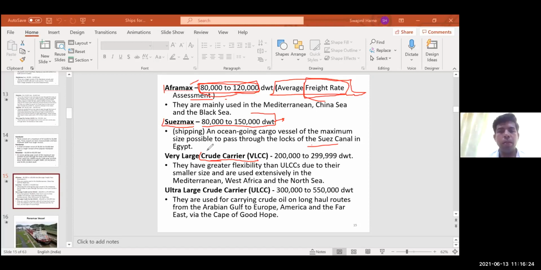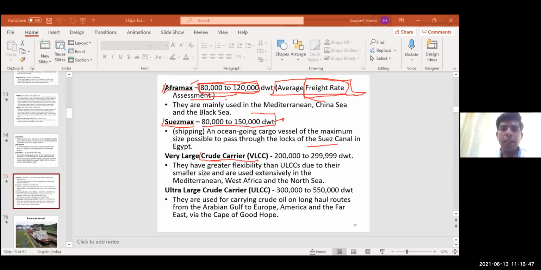Sir, I have one doubt. Yes. For Aframax we are saying 80 to 120, and for Suezmax also we are saying 80 to 150. So if the vessel is 1,20,000 deadweight, will we say Suezmax or Aframax? See, now let's come to the practicality of shipping.